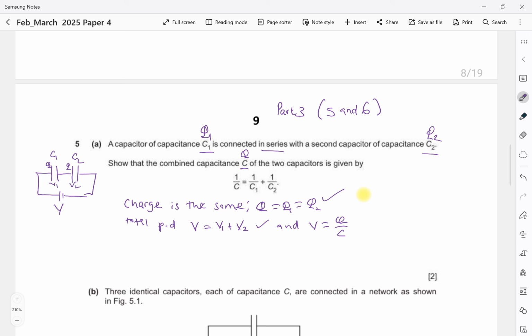So when I substitute here, V1 is going to be Q1, which is just Q over C1, and V2 is going to be Q over C2, because Q1 and Q2 are the same as Q. So we substitute in this equation, and we shall have Q over C equals Q over C1 plus Q over C2.